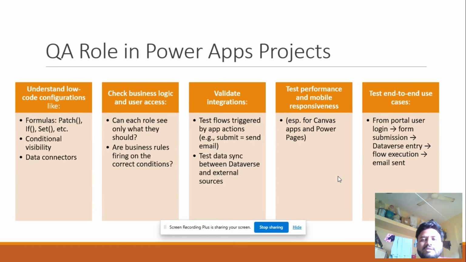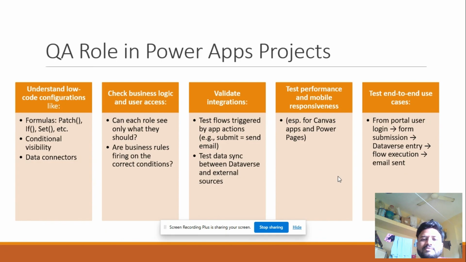And third, the managerial level: if there is any approval flow, the business logic rules will be allocated to the respective users. Here, as a key point, we need to ensure that the business rules fire on the correct conditions.